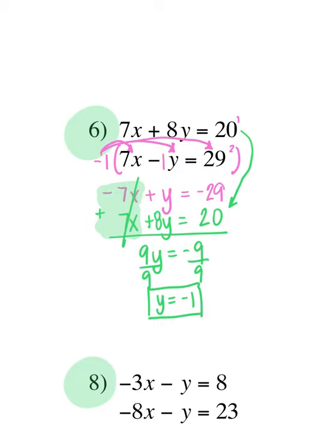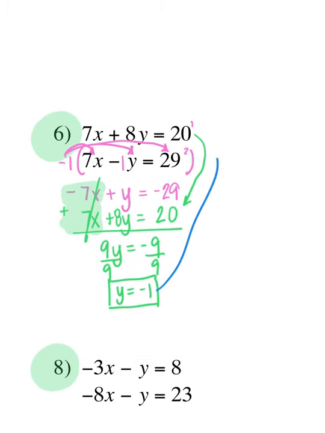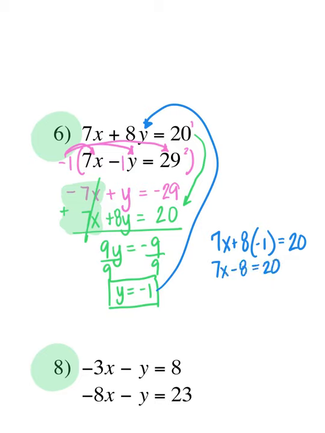Again, I'm going to plug that in. Let's just plug it into the first one right here. So when I rewrite that, I get 7x plus 8 times negative 1 equals 20. 7x minus 8 equals 20.